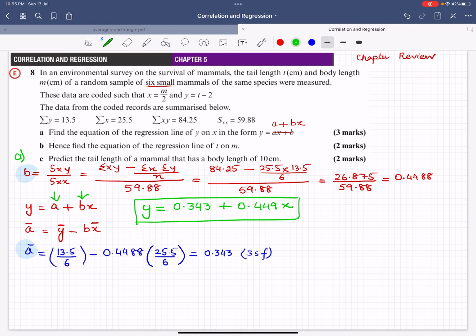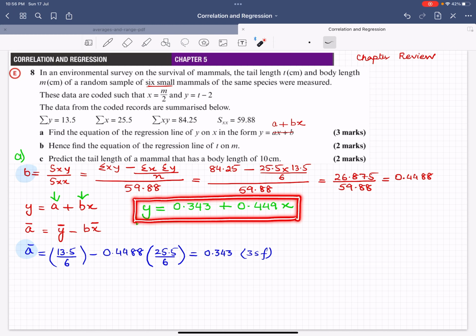Part B says, hence find the equation of the regression line of t on m. We have already found the equation for the regression line of y on x, which is our answer for part A. Now, hence means using the answer to A, we need to find the equation of the regression line of t on m.